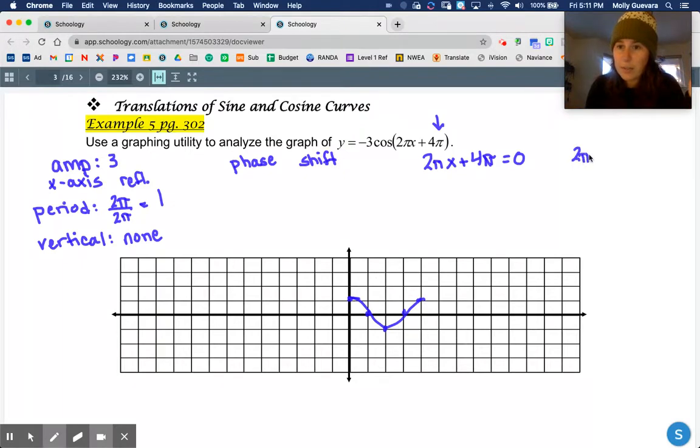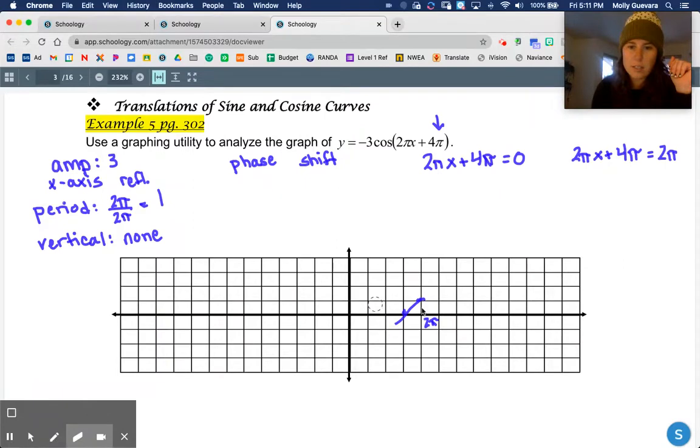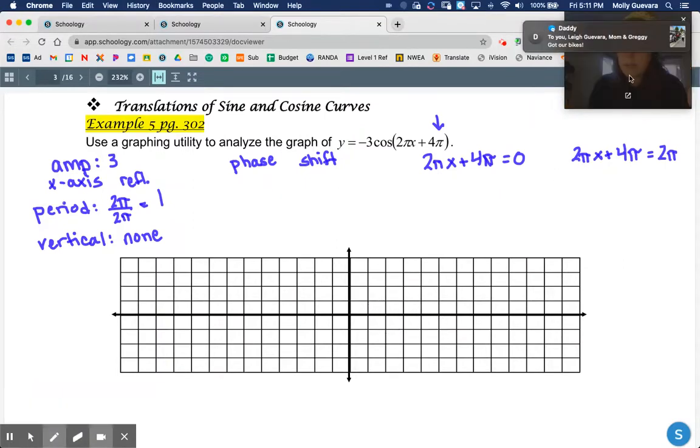Then I'm going to take what's inside the parentheses, and I'm going to set it equal to the original end of the period for the parent graph, which was 2 pi. I'm going to get rid of this now because I don't want it to throw us off. Okay, so the original start of the period is 0, and the original end of the period is 2 pi.